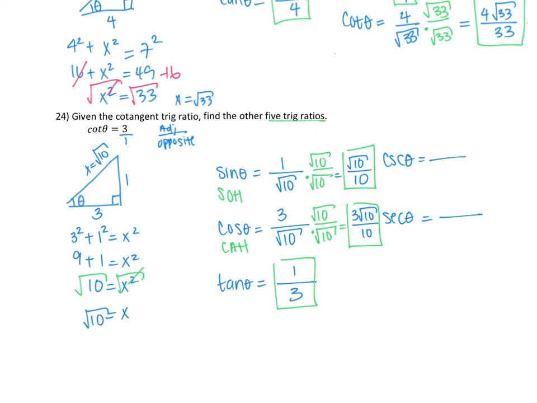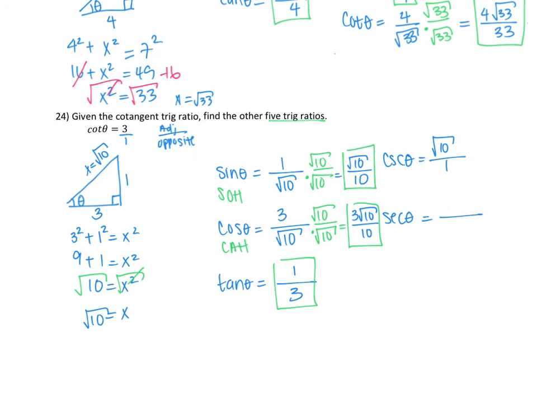So for cosecant, it's the opposite of sine. So if I started off with 1 over square root of 10, for cosecant, that's going to be the flip. So it's going to be the square root of 10 over 1. Notice how I took this beginning value instead of this end value.